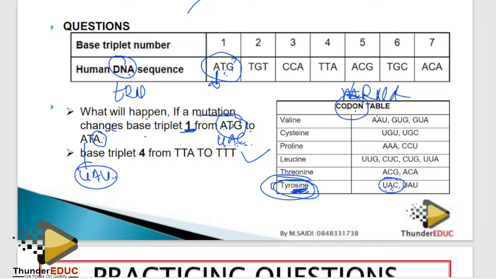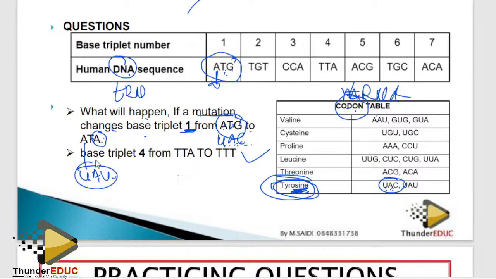I can call you Lerato, or I can call you by the other name. If I call you the other way around, you say yes, sir. When I call you with another name, you also say yes, sir. So it means that they are coding for the same amino acid, however much the codes are different. Is it clear there?